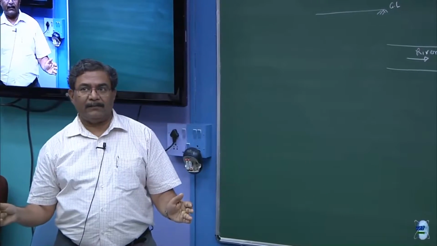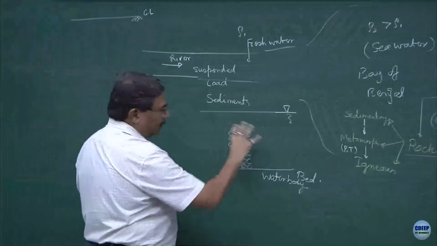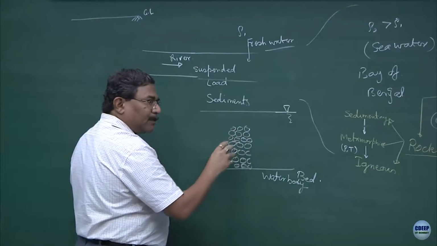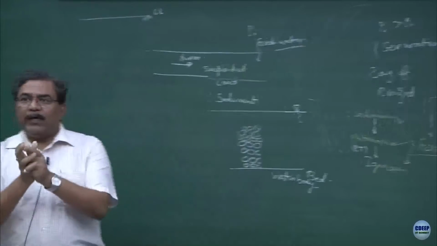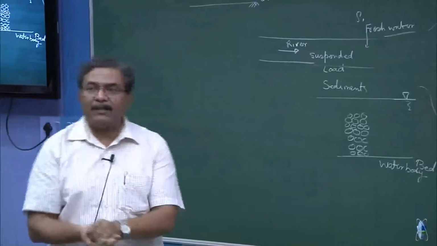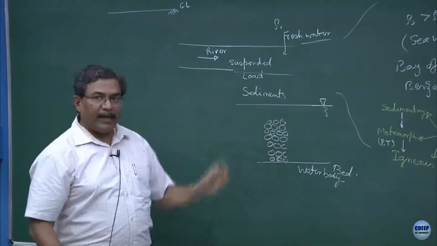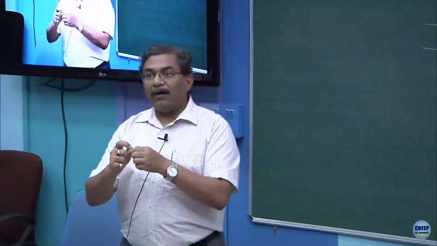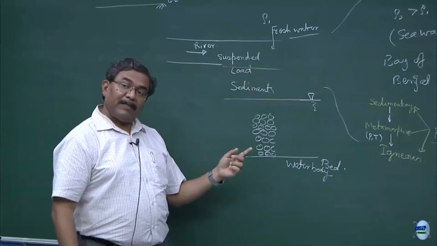Nothing else. In the process, somebody was asking about bacterial action. Might be a situation where the bacteria starts secreting something and they all become a cohesed material. Cohesed means cohesion. Individual grain is now getting glued because of either microbial activity or it could be because of physical activity also.